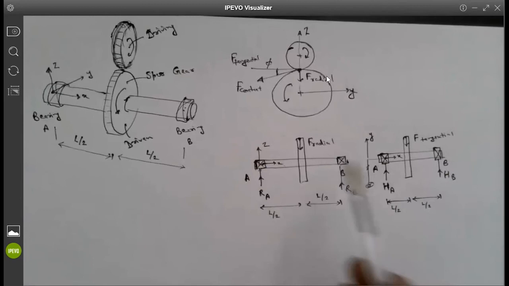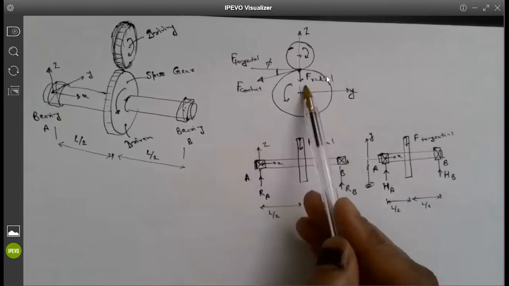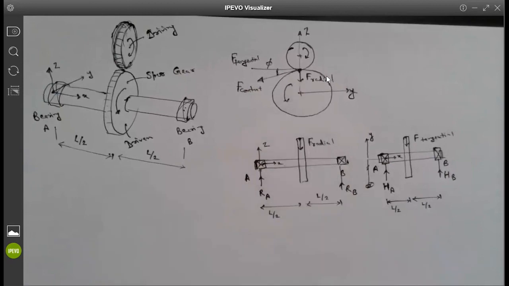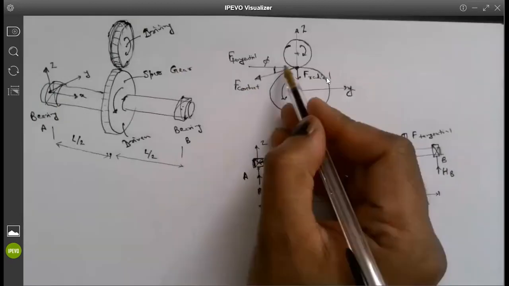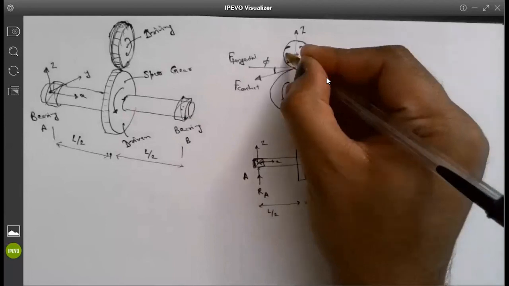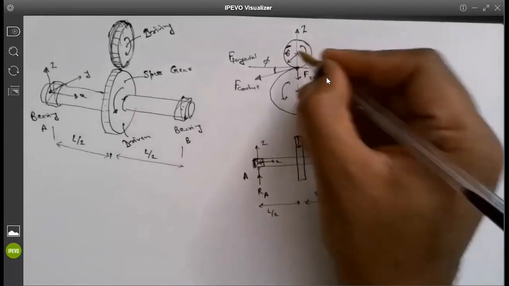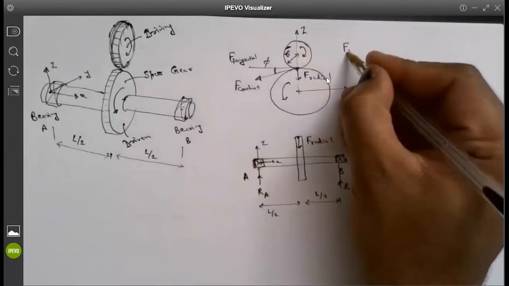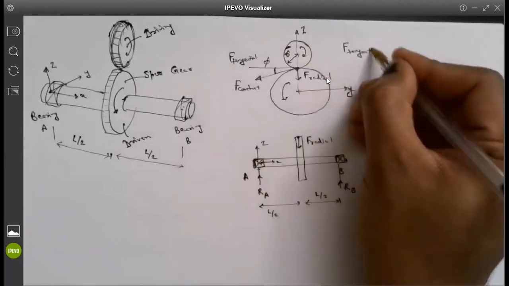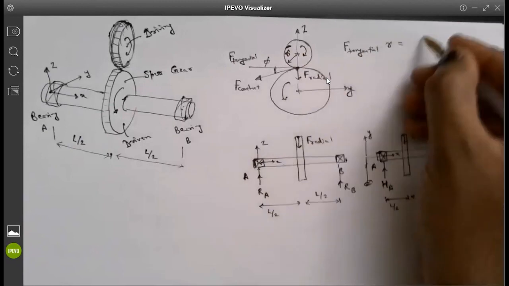This is pretty straightforward. If you know what the radial force is, and I'm sure you know how to get it. The radial force can be obtained if you know the radius of your small driving gear. F tangential times R will be the torque transmitted.